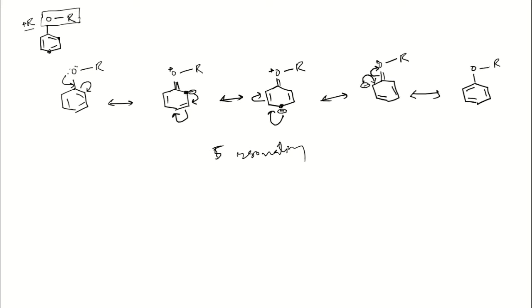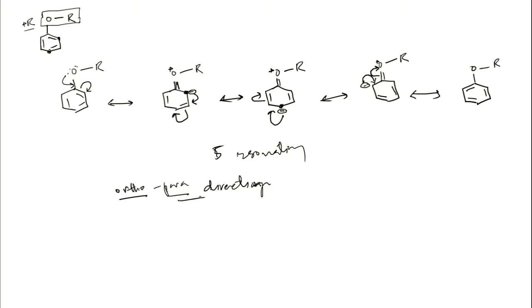That's why we say that this alkoxy group, this OR group, is ortho para directing, and this particular effect makes the ring show electrophilic substitution reactions. Ortho and para direction means that the incoming electrophile will be attached to the ortho position and the para position.